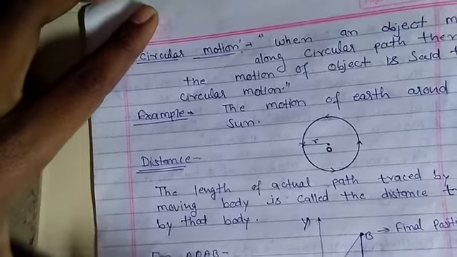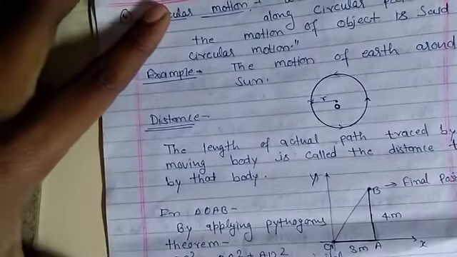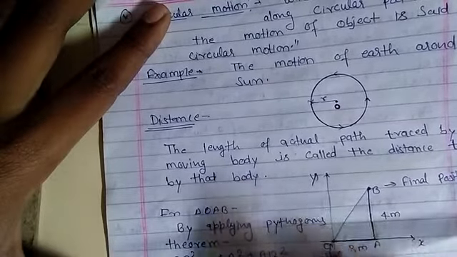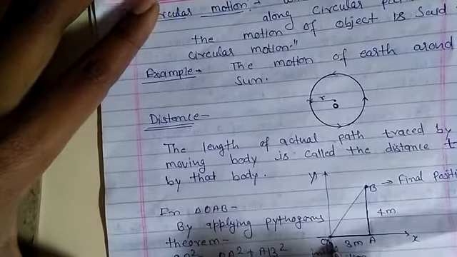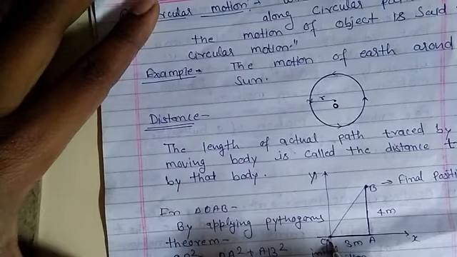Okay, so let's take an example. This is the x-axis, this is the y-axis, which is the origin point or initial position of the moving body.